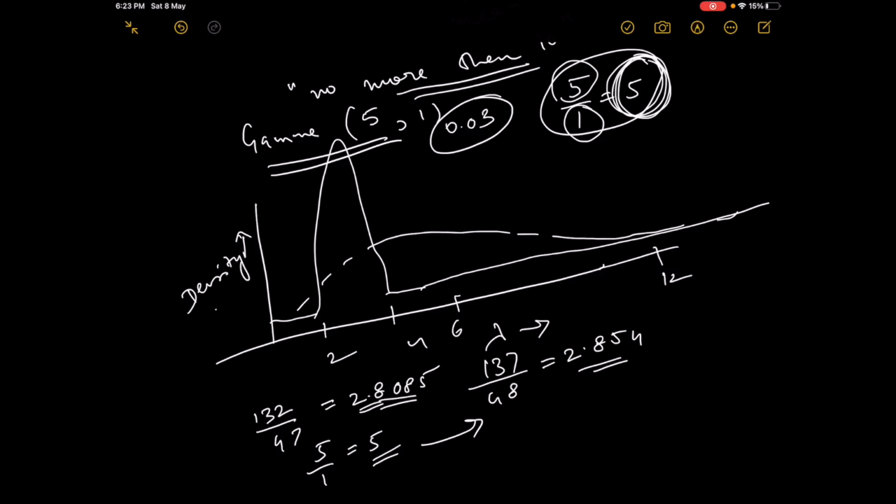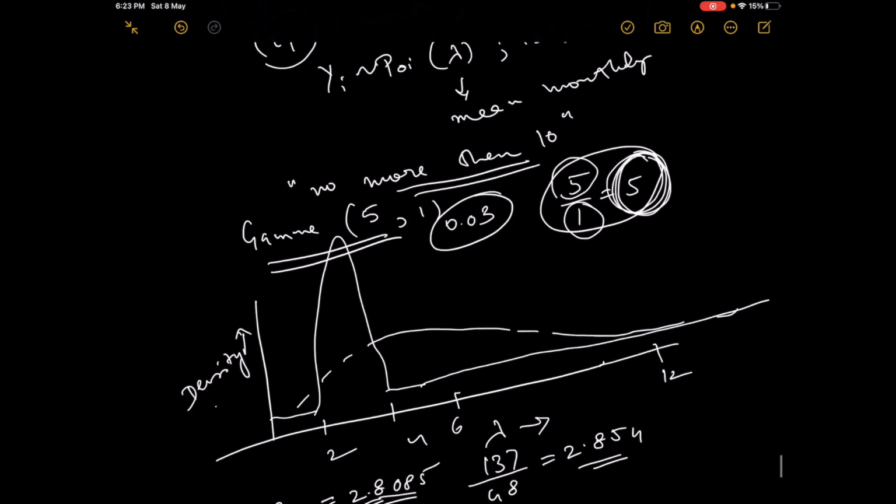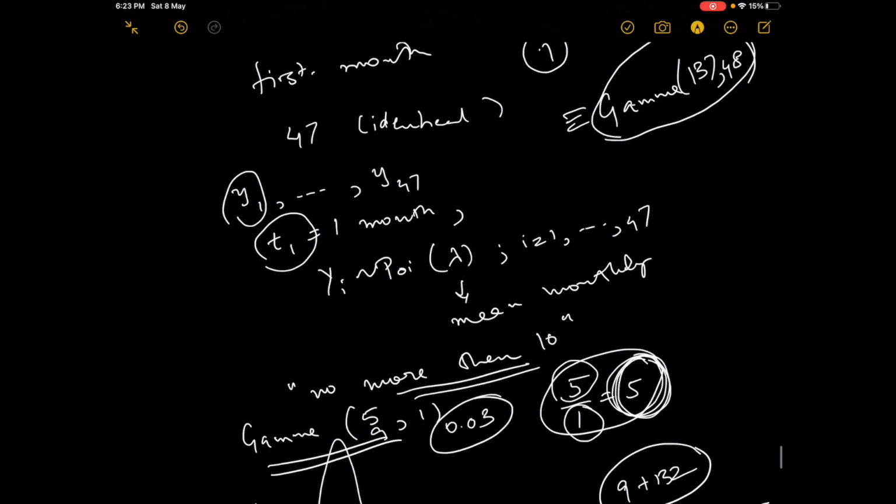When we are experimenting later, we can treat 9 as the closest to no more than 10. So if I take a prior of 9 instead of 5, then I will have 9 plus 132 in my updated parameter, which will still come out to be 2.937.